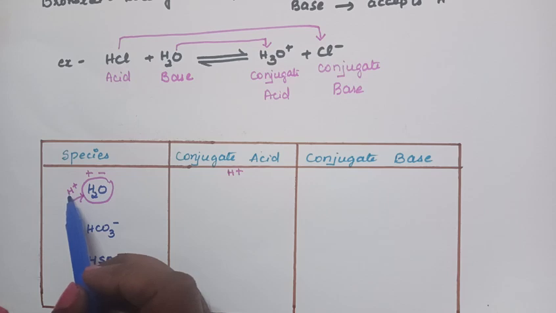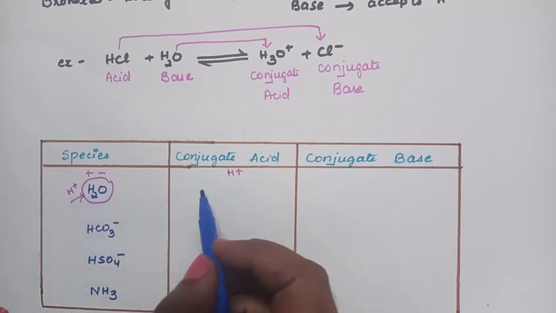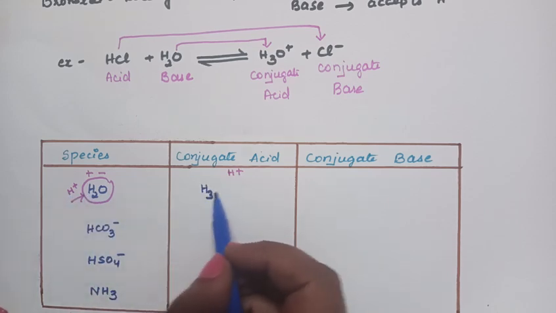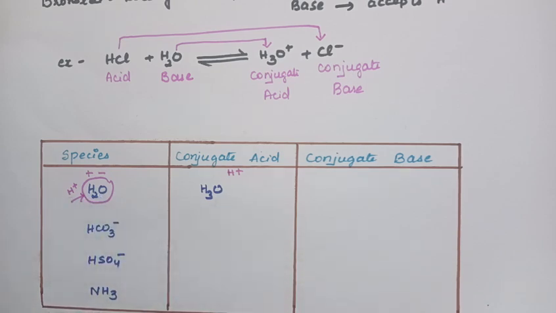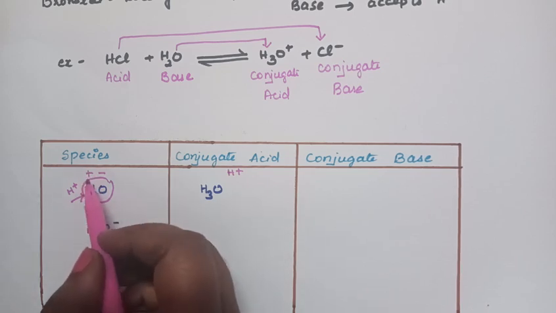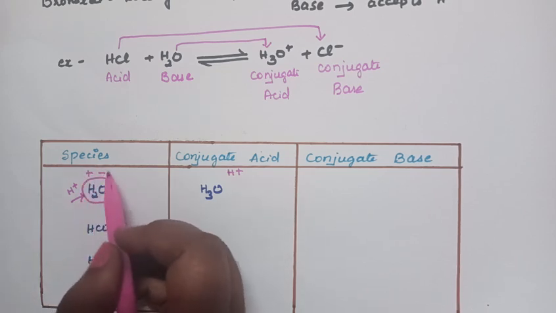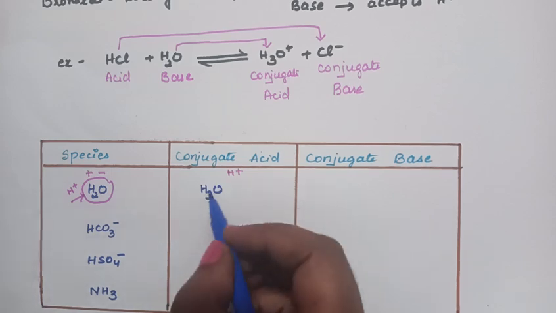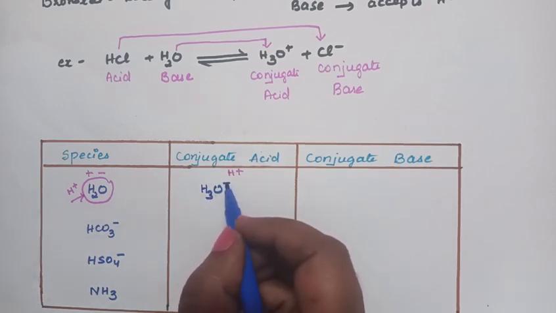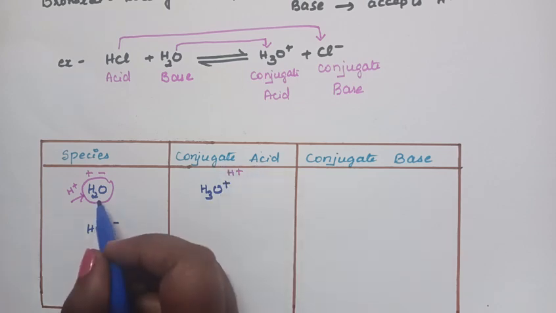H2 plus hydrogen becomes H3, so it becomes H3O. And what is the sign on this? Plus and minus is neutral. So what is in excess now? The excess is the plus sign. Therefore H3O will get a positive sign. So this is called the conjugate acid of water.